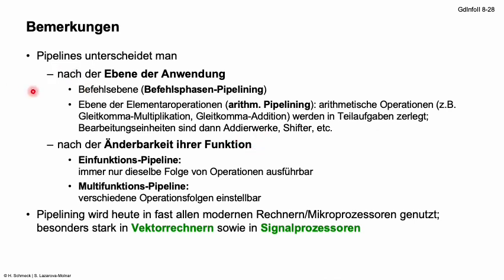Or pipelines can be differentiated based on the changeability of their functions. So it can be a single function pipeline, where it's always the same sequence of operations that is executed, like we saw in the previous example. Or, like we have in arithmetic pipelining, we can have different operations and different sequences taking place.